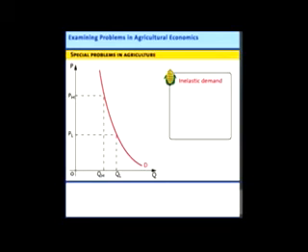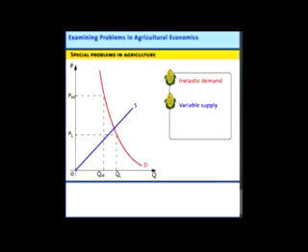That is, the supply curve shifts around a lot, say in response to changes in the weather. When you've got inelastic demand plus shifts in the supply curve, you wind up with a situation where total revenue itself becomes highly variable. And this can become a problem, particularly if you're a farmer.